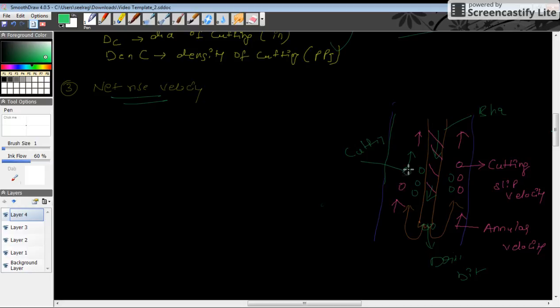This cutting travels with a velocity in the annulus, which is called the cutting slip velocity, and the velocity of the fluid flowing in the annulus is the annular velocity. Due to gravity, the cutting traveling in the annulus tends to fall down. So what is the importance of net rise velocity?